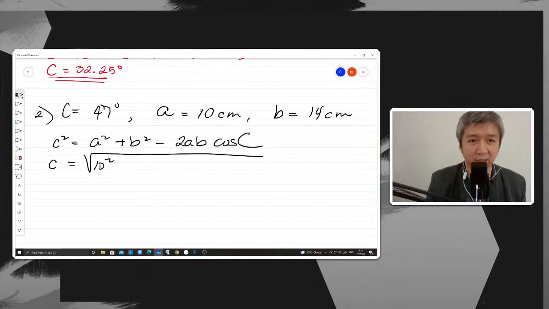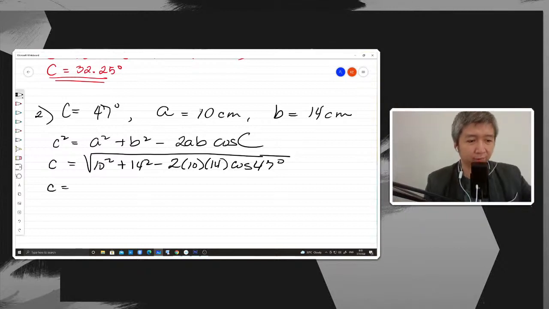So we have 10 squared plus 14 squared minus 2 times 10 times 14 times cosine 47 degrees.